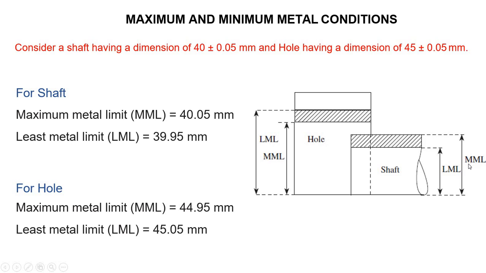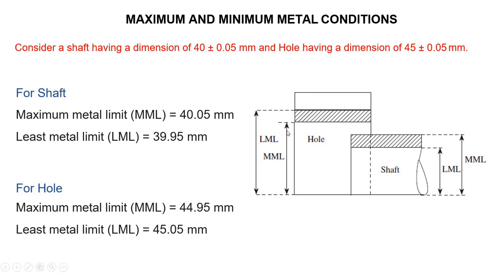For the shaft, the maximum or upper limit, the maximum size, indicates the maximum material condition, while the lower limit or minimum size indicates the least material condition. For the hole, the conditions are opposite to those of the shaft. The hole has maximum material if it has the minimum size, and minimum material if it has the maximum size.